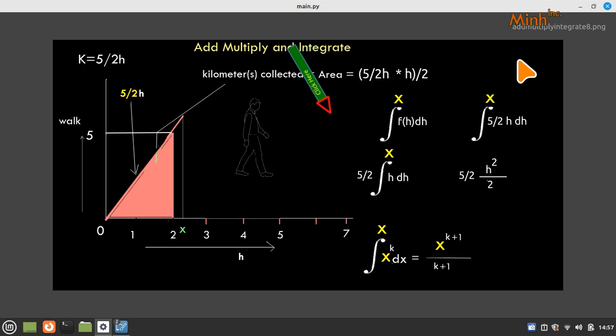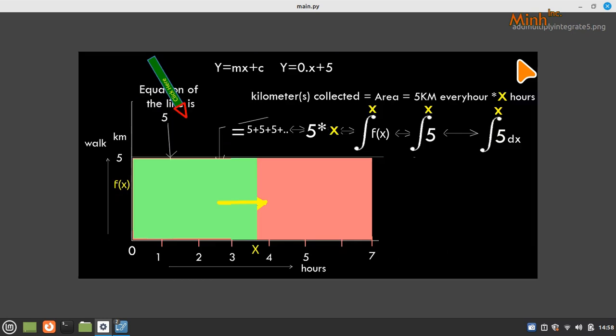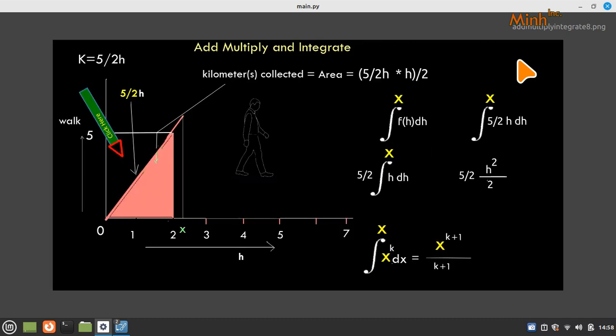Okay, so now we'll see another form. The basic form we saw was a rectangle, where the speed is constant. Whenever the speed is varying, the person is moving at a speed of 5 by 2 per hour.